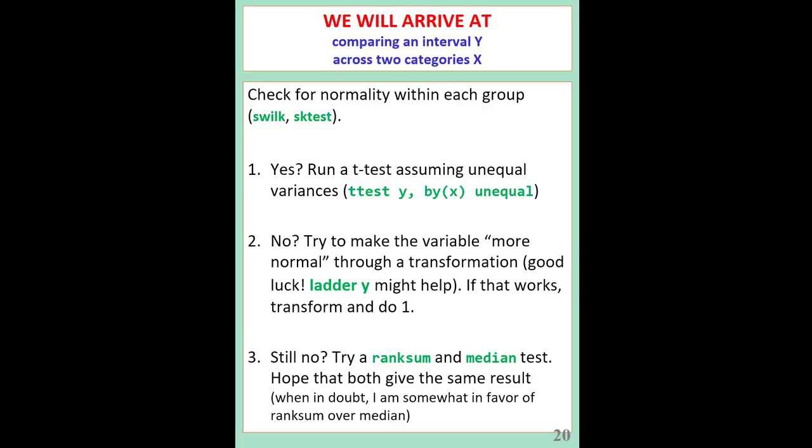However, it could happen that there is not a sensible transformation you can come up with, and then there are only two things left: a so-called ransom test and a median test. And then that's pretty much all that you have. And then you sort of hope that all these different tests turn you in the same direction. What you don't want is that here you find the difference for the ransom test and here you don't, but it might happen. And we'll see how that goes in a minute.